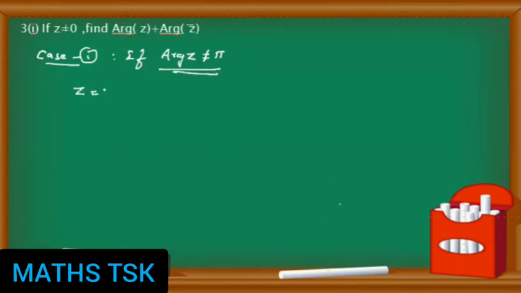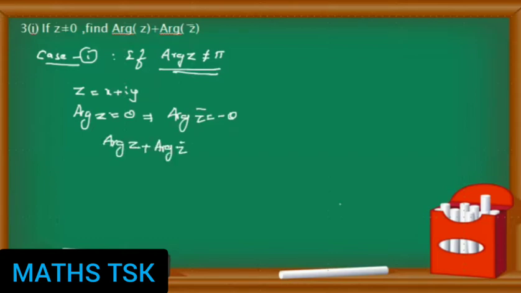If z is equal to x plus iy is a complex number and arg z is not equal to pi, that means y is not equal to 0 with x negative. If y is equal to 0 and x is negative, then we will get arg z is equal to pi. So arg z is equal to theta. This implies arg z bar is equal to minus theta. So arg z plus arg z bar is equal to 0.